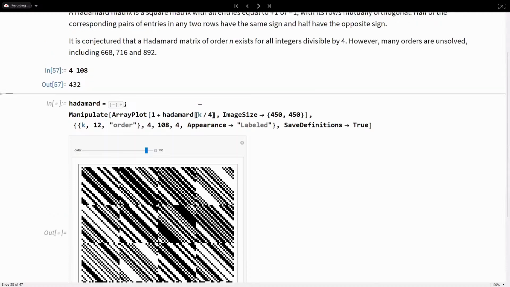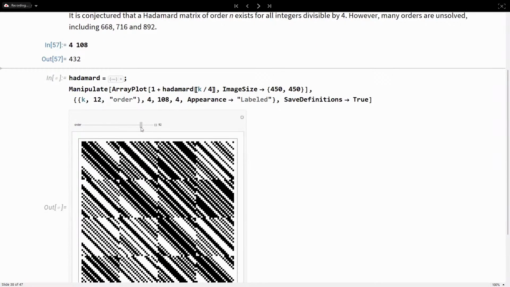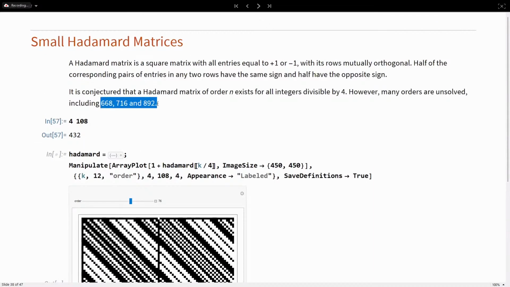Now it's believed that these always exist for any matrix with an order of a size that's a multiple of 4. But there's a few values, such as these here, that are still unsolved. And we don't know whether they exist or not. It's believed that they do, but no one's been able to find a representation for them. So that's one of the big unsolved questions in linear algebra and matrix theory.